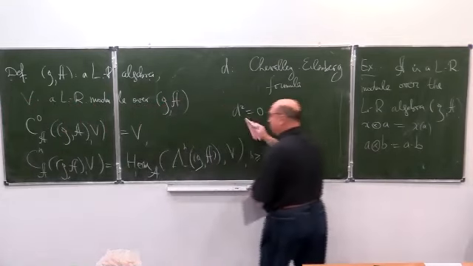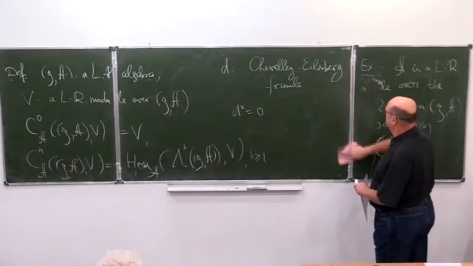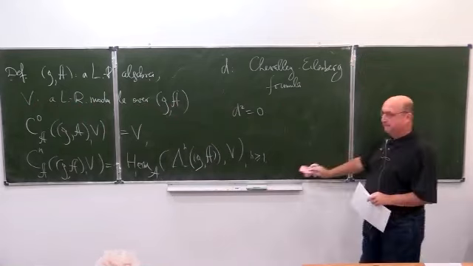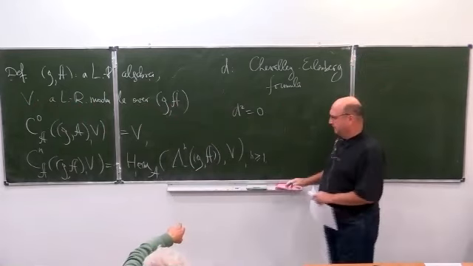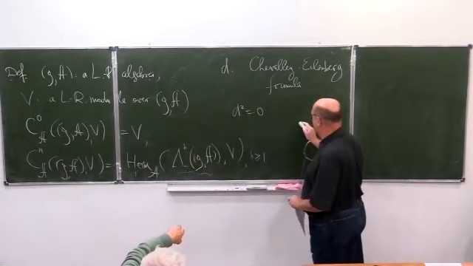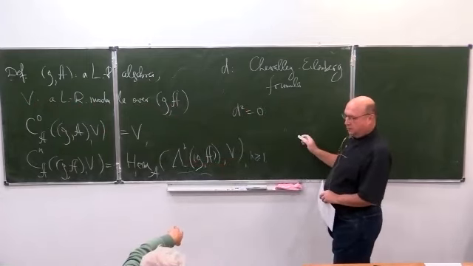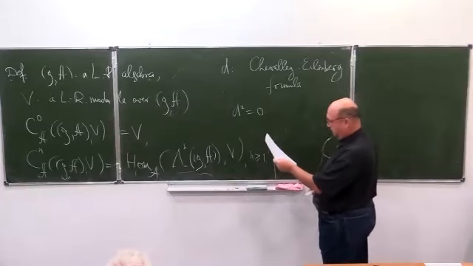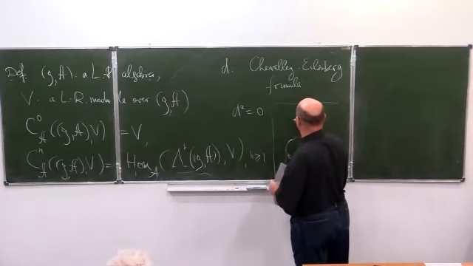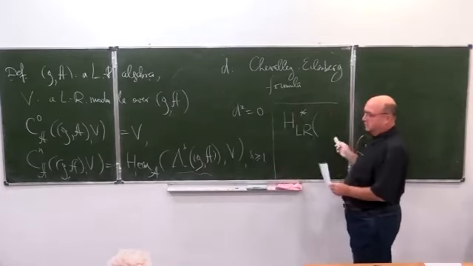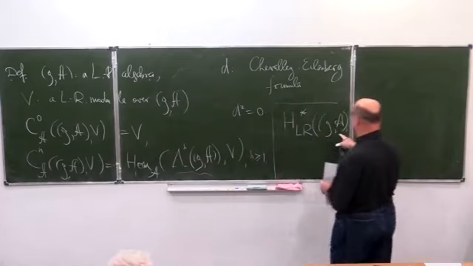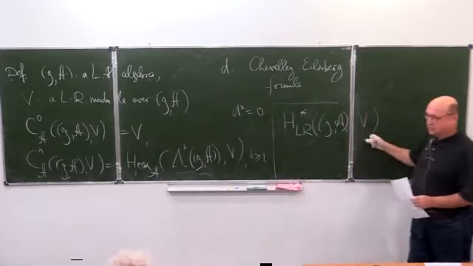So homology groups are defined in the usual way. So the cochain space is the exterior power of g with coefficients. So there appear cohomology groups, referred to as the cohomology groups of our Lie-Rinehart algebra with coefficients in the module.